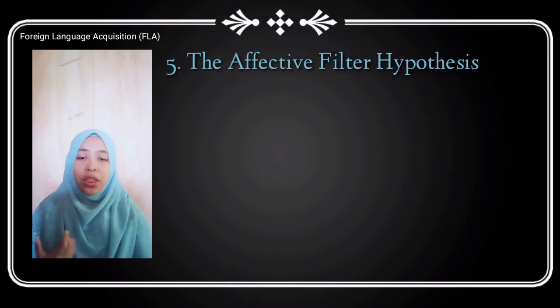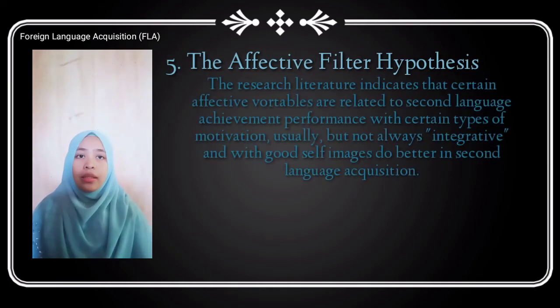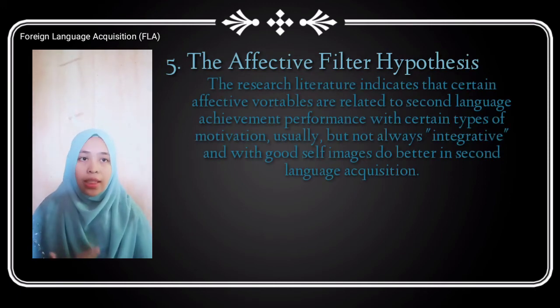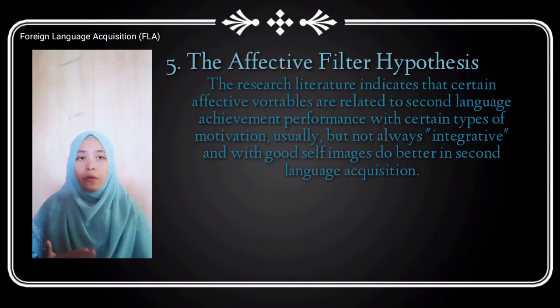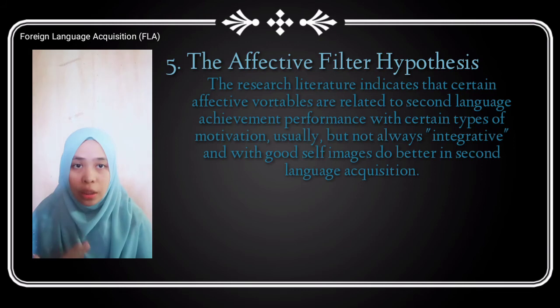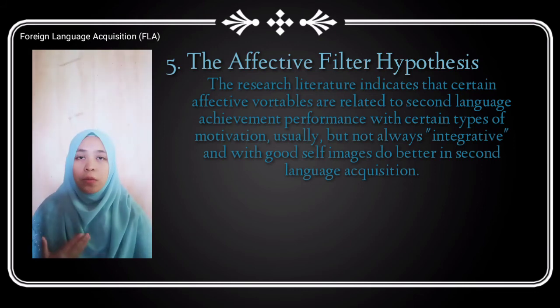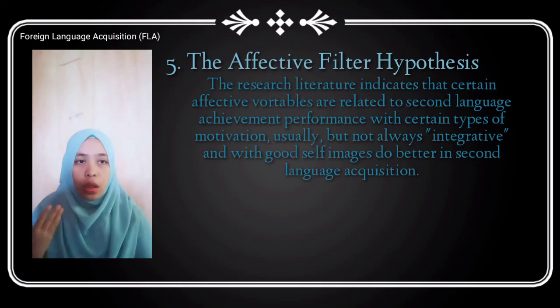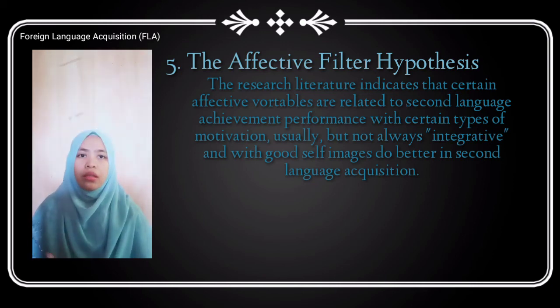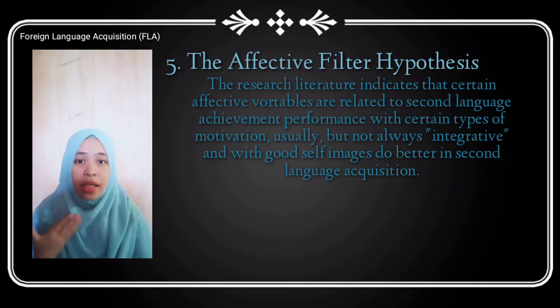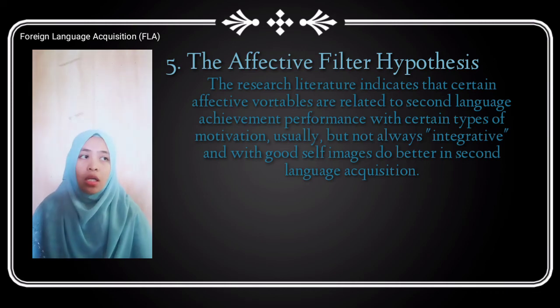And finally, the affective filter hypothesis. The research literature indicates that certain affective variables are related to second language achievement. Performers with certain types of motivation, usually but not always integrative, and with good self-image do better in second language acquisition.